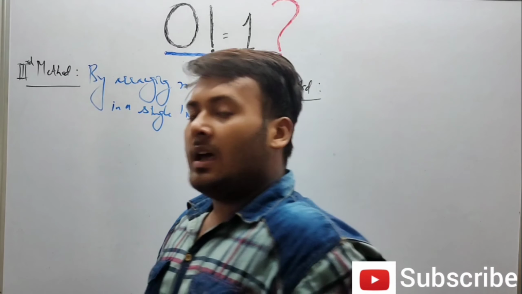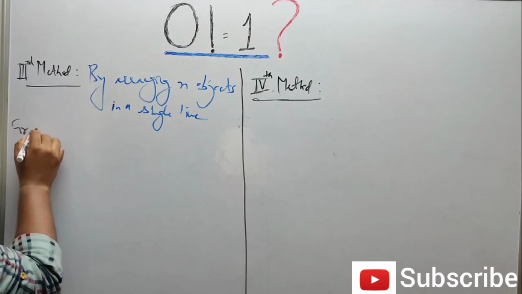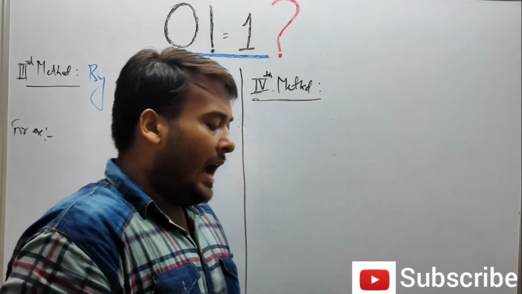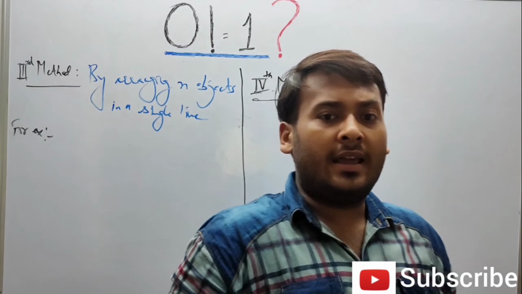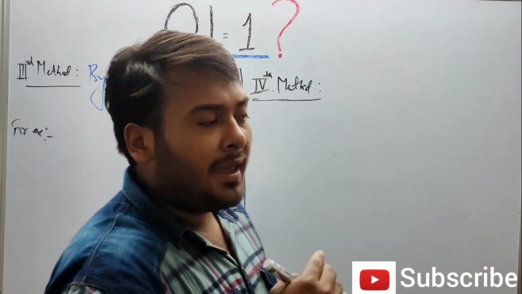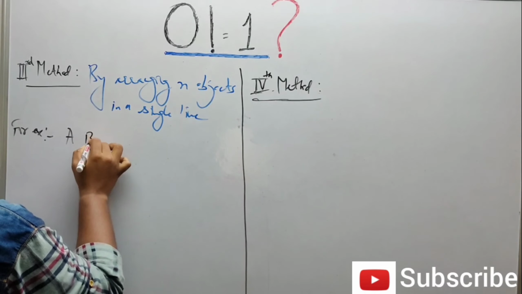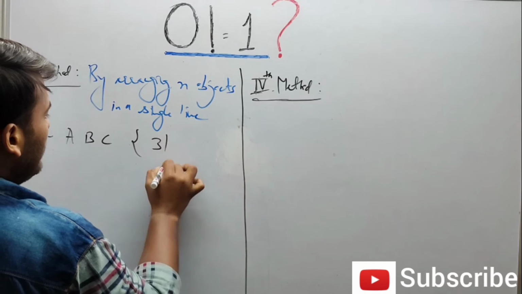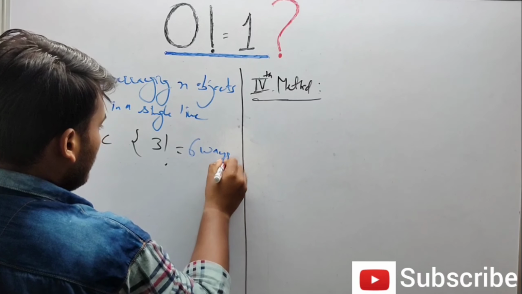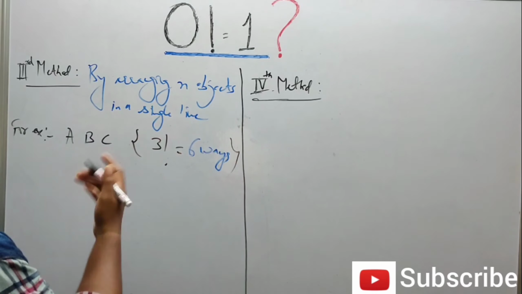Alright, for example, if there are 3 persons A, B and C and I have to arrange them in a single line consisting of 3 chairs, how can I arrange them? I can arrange A, B and C in 3 factorial, that is 6 ways. How?